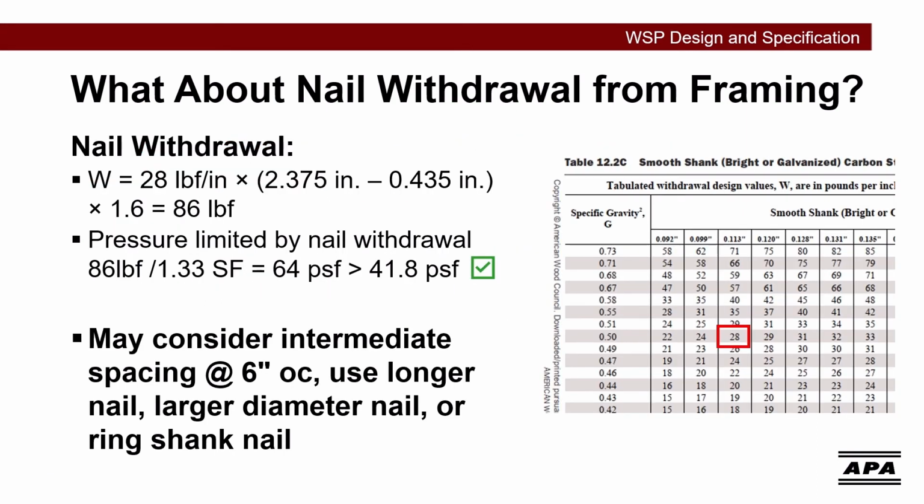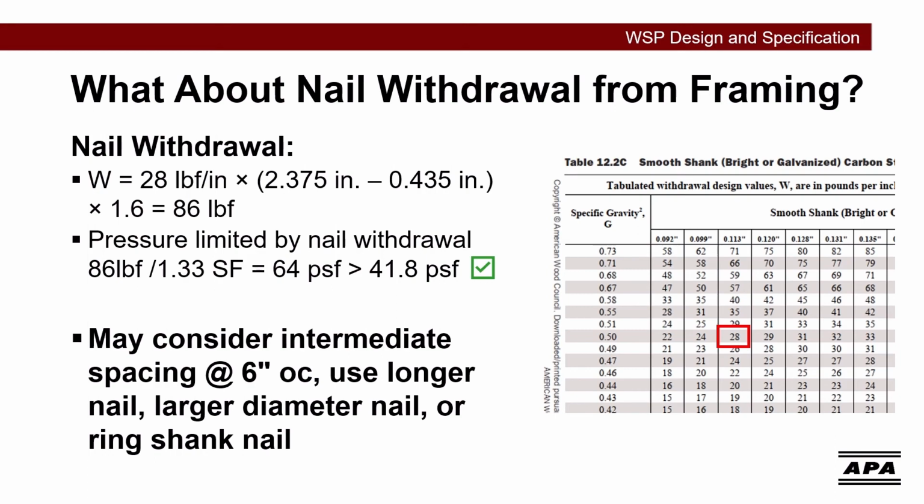Alternatively, we can use Table 12.2C in the NDS, which tabulates the withdrawal design values. For a shank diameter of 0.113 inches and a specific gravity of 0.5, we find a withdrawal design value of 28 pounds per inch of fastener penetration.